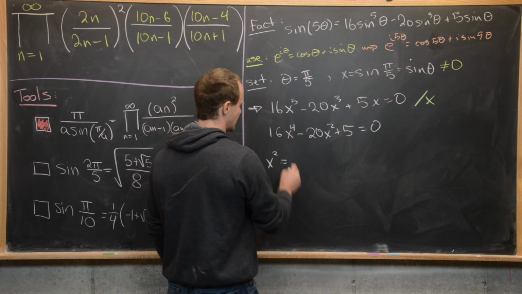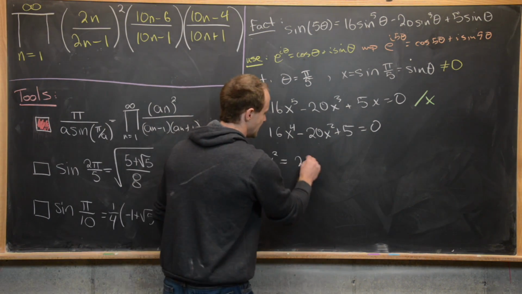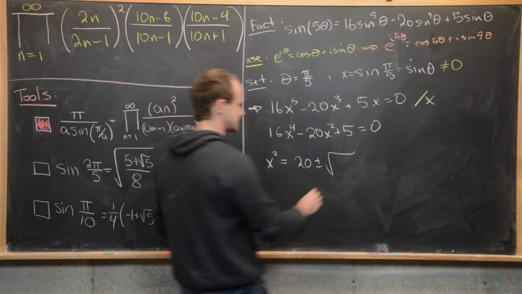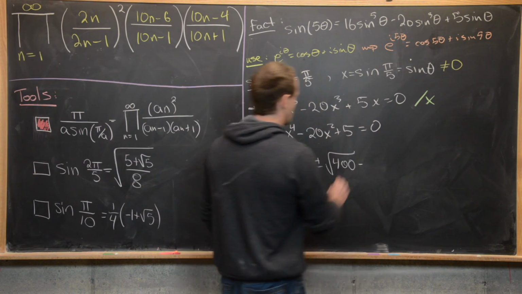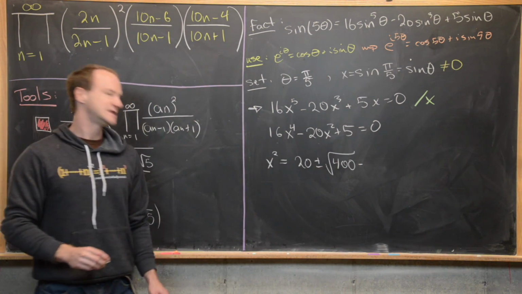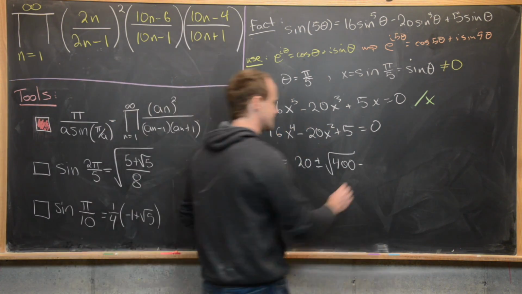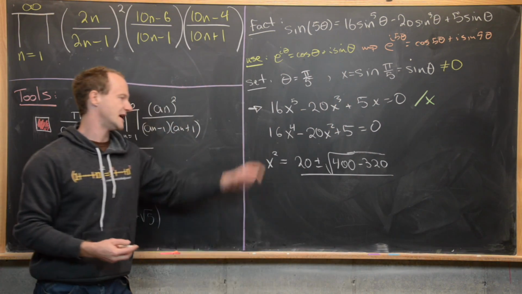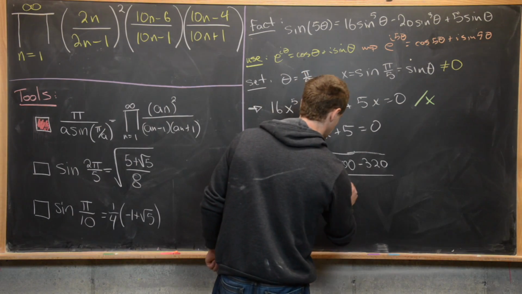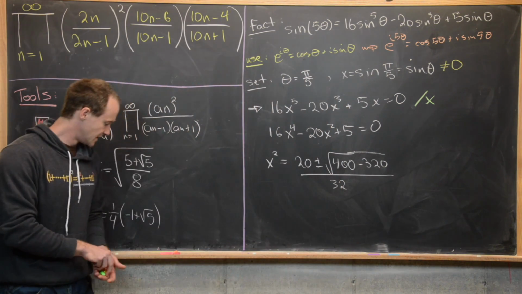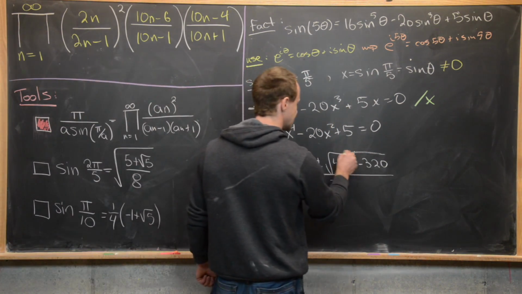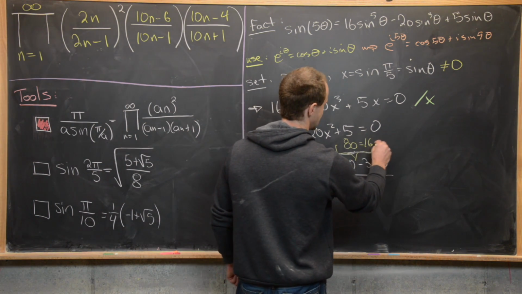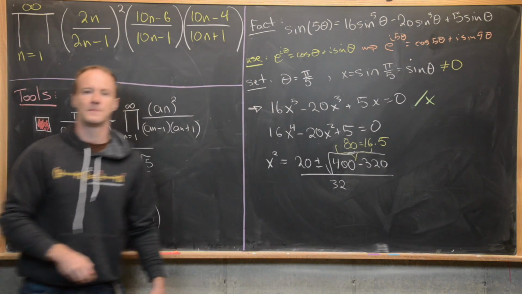That'll give us x squared equals, so negative b. That'll be 20 plus minus the square root of b squared. So that's going to be 400 minus 4 times a times c. So 4 times this is 320, all over 2a. So that's going to be 32. Good. Now the next thing that I want to notice is that these two guys add up to 80, which is equal to 16 times 5.